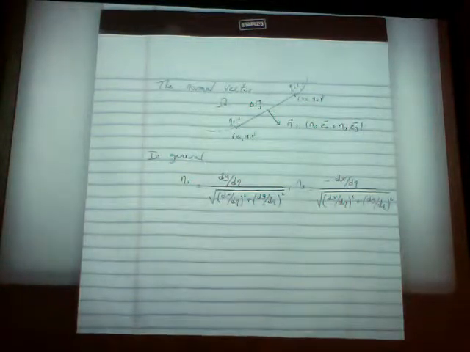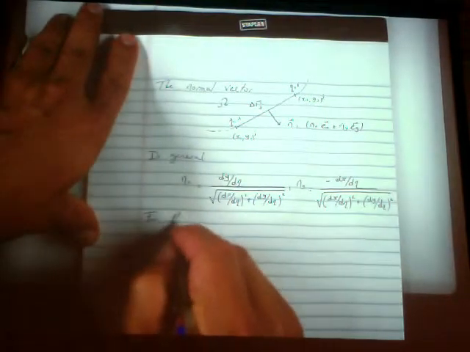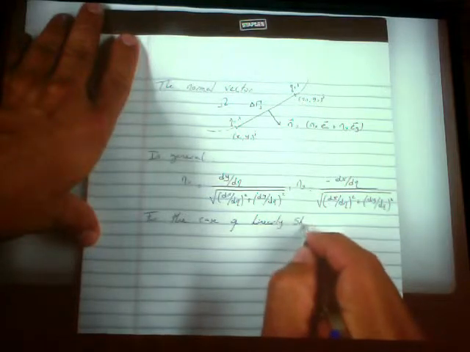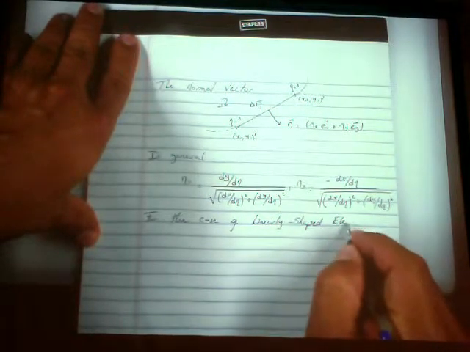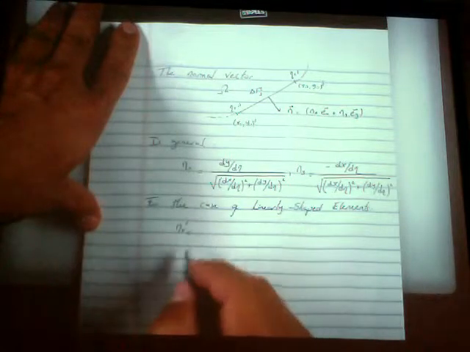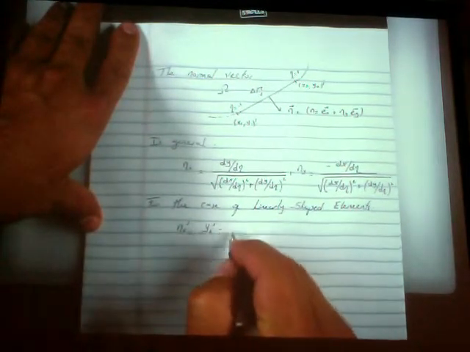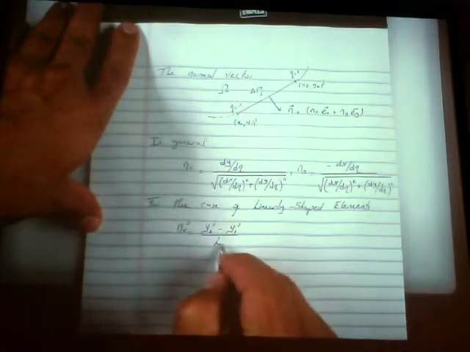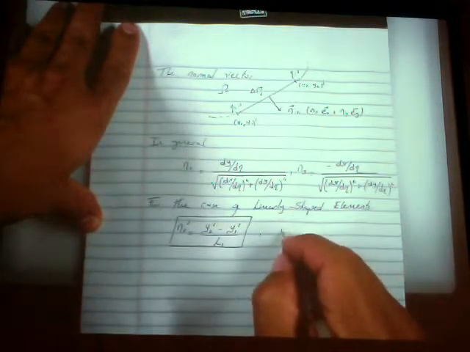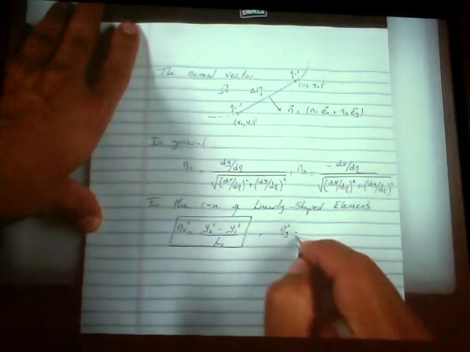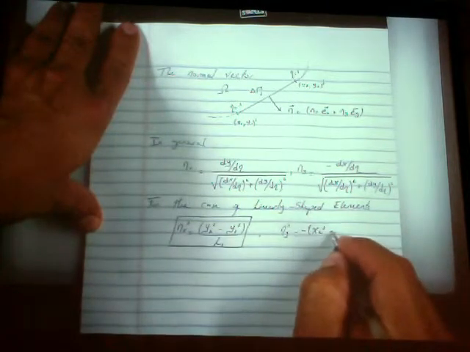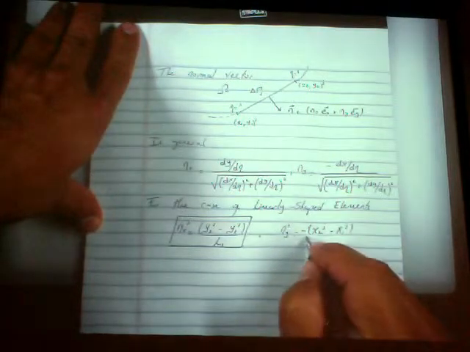Now I can put in the numbers there. For the case of linear or linearly shaped elements, nx of element j is y2 minus y1 divided by the length of that element, and ny of j is equal to minus x2 j minus x1 j divided by the length of the element.